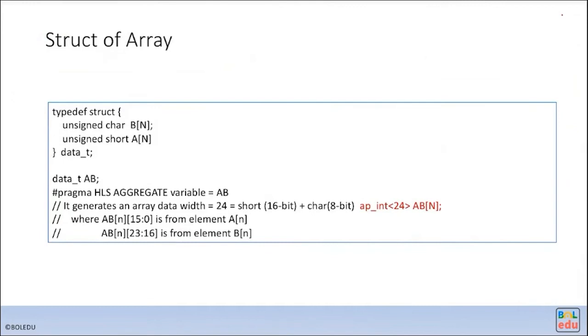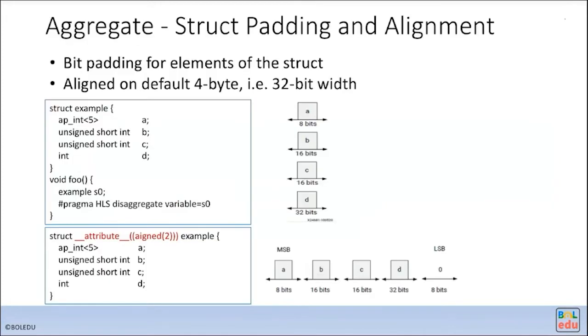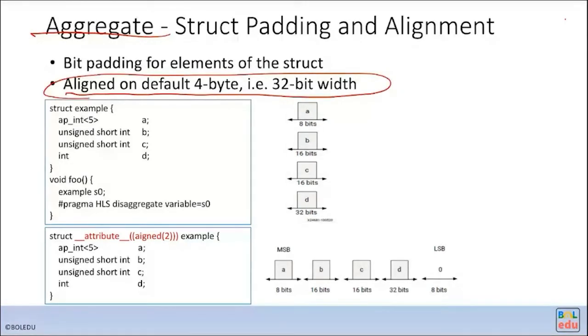For struct of array, that's also aggregated, but you already know that. When you aggregate, by default the data type is aligned on a 4-byte boundary.